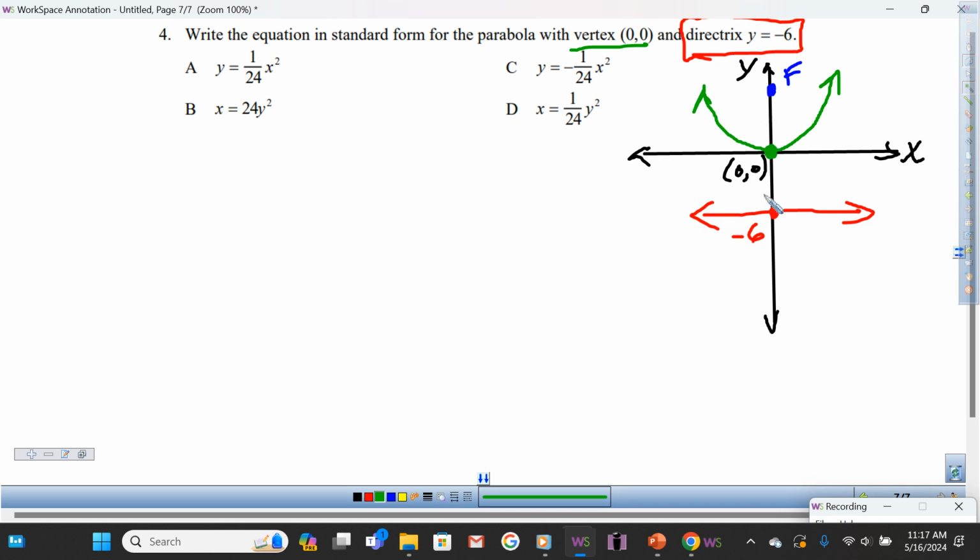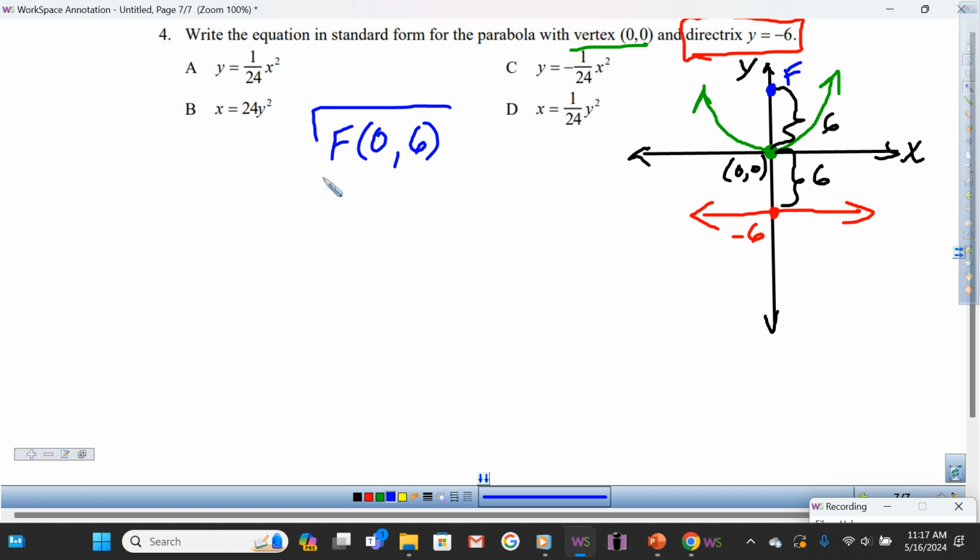That it's what? The same distance, is that correct? So let's see. What is the distance from here to here? 6. That means the distance from here to here is 6. So why do I mention that? Well, because we need a focus. Tell your neighbor what the coordinate of that focus is. That is correct. 0, 6.